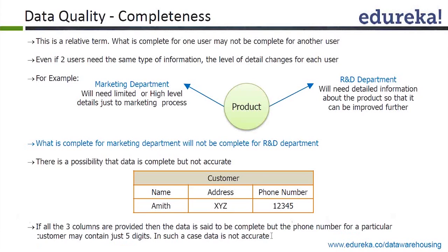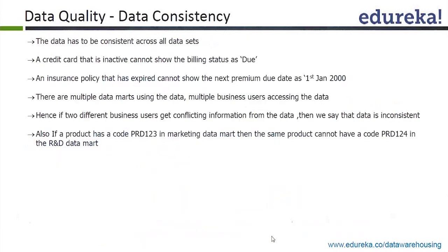Maybe they just need a phone number of the person to send a text. But for the R&D department, maybe they need all the demographics of the person to do their research on the data. So that is one of the measuring parameters of data quality, that is completeness. How complete is your data?